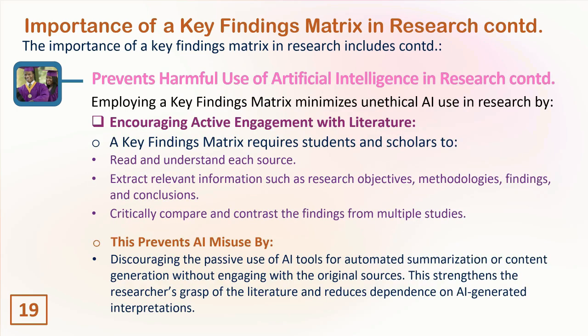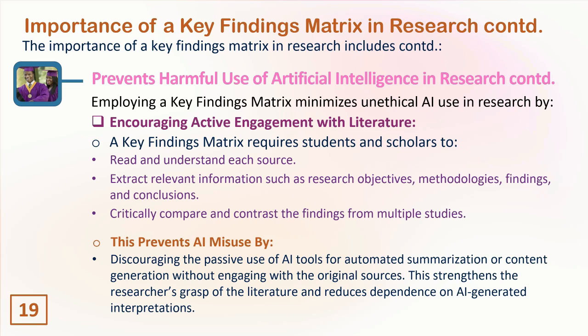Employing a key findings matrix minimizes unethical AI use in research by encouraging active engagement with literature. A key findings matrix requires students and scholars to read and understand each source, extract relevant information such as research objectives, methodologies, findings, and conclusions, and also critically compare and contrast the findings from multiple studies.